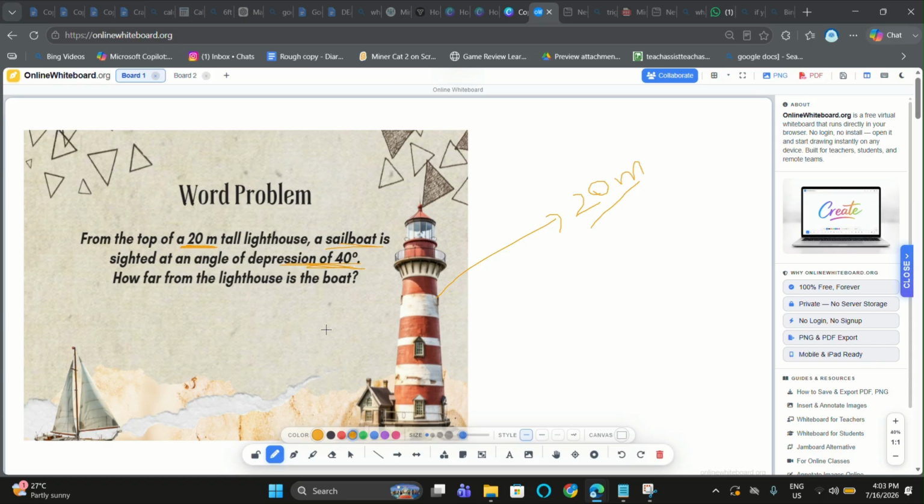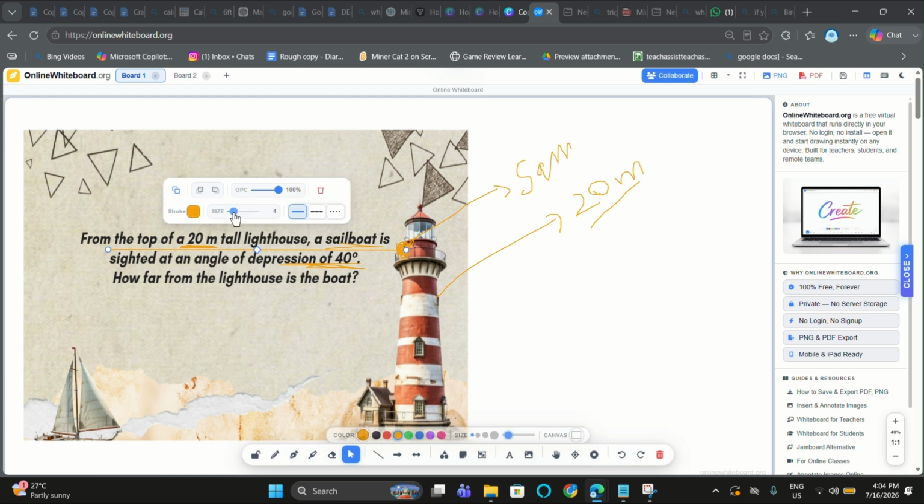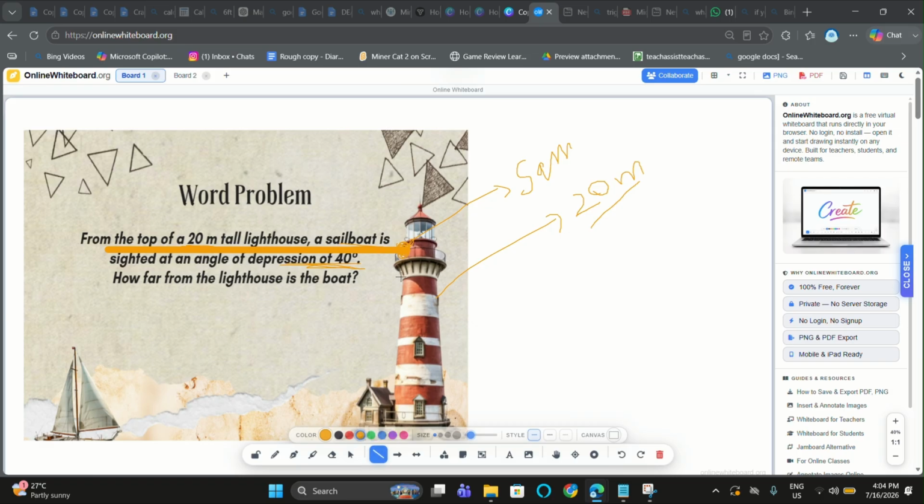So what is angle of depression, as I was even talking before? So we are assuming that the person is up here, let's say. So I'll make a person up here, right? So there's this person called Sam. Cool? Right? And he's looking straight. His perspective is a straight line, right? And then he's like, oh, I see a boat, right?